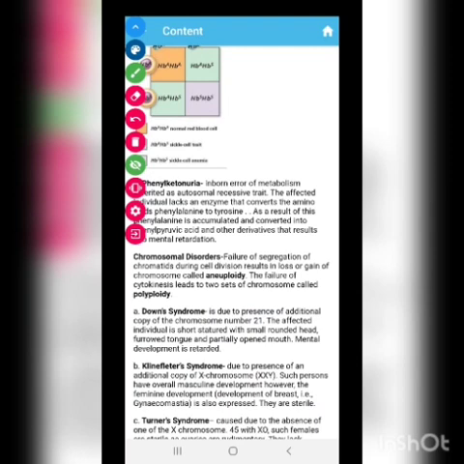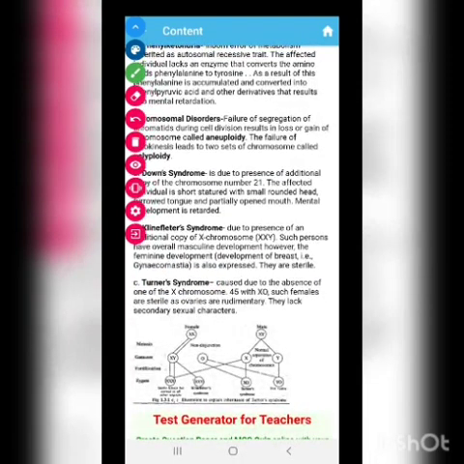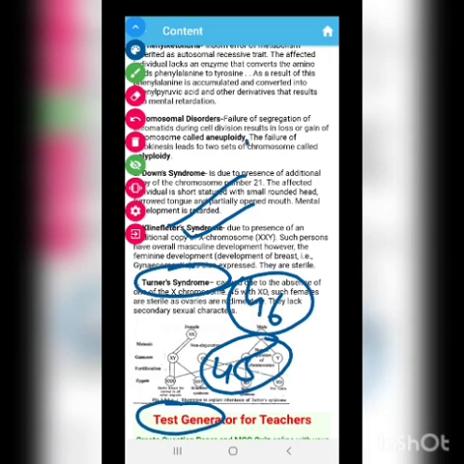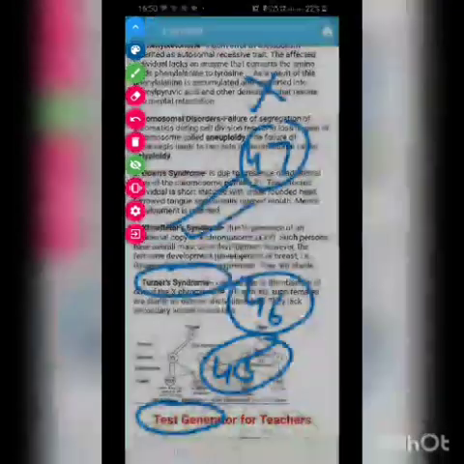Next, the third one is Turner's syndrome. Turner's syndrome is a condition in which one X chromosome is absent in the individual. In Klinefelter syndrome, one extra X was present, giving 47 chromosomes, and in Turner's syndrome, as we have 46 chromosomes, they have only 45 chromosomes.